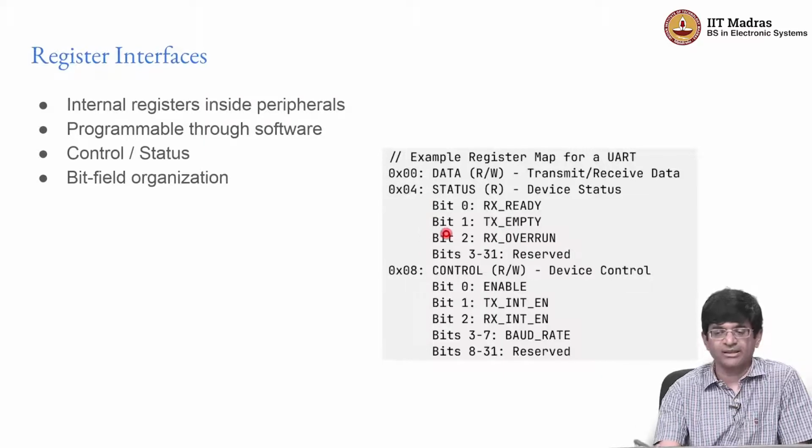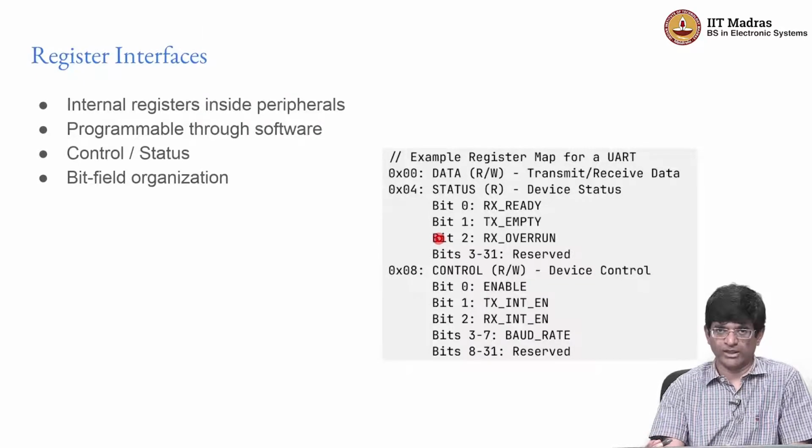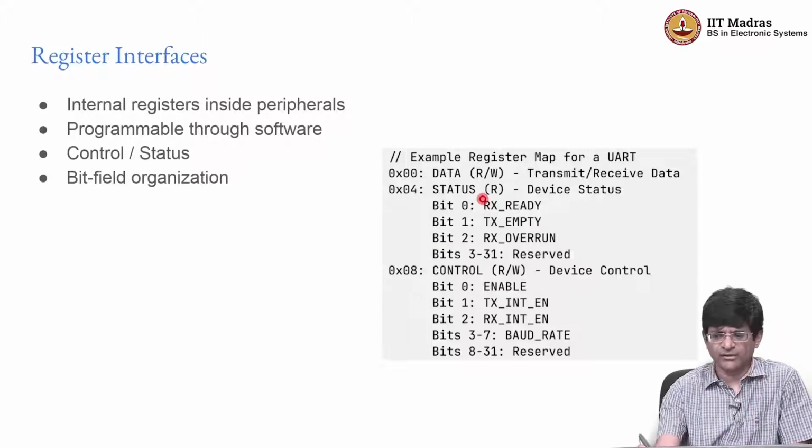All of these are status signals which indicate to the software, by reading these bits, whether any one of these conditions has occurred, right? Bits 3 to 31 are reserved bits. The reason why something like this happens is simply because we chose to take a block of 32 bits and say that all of them are going to be treated together. In reality, I only care about 3 bits over here, right?